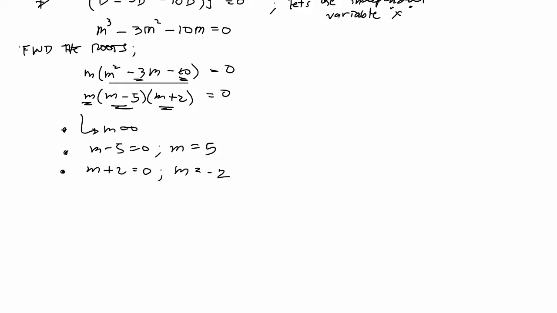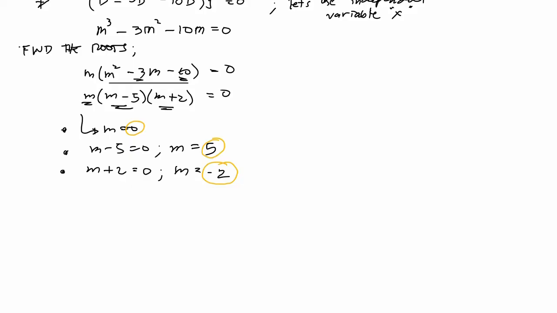Okay, so as you can see, we have distinct roots: 0, 5, and negative 2. They are distinct or different from each other. So we can use case 1, or say we are under case 1.